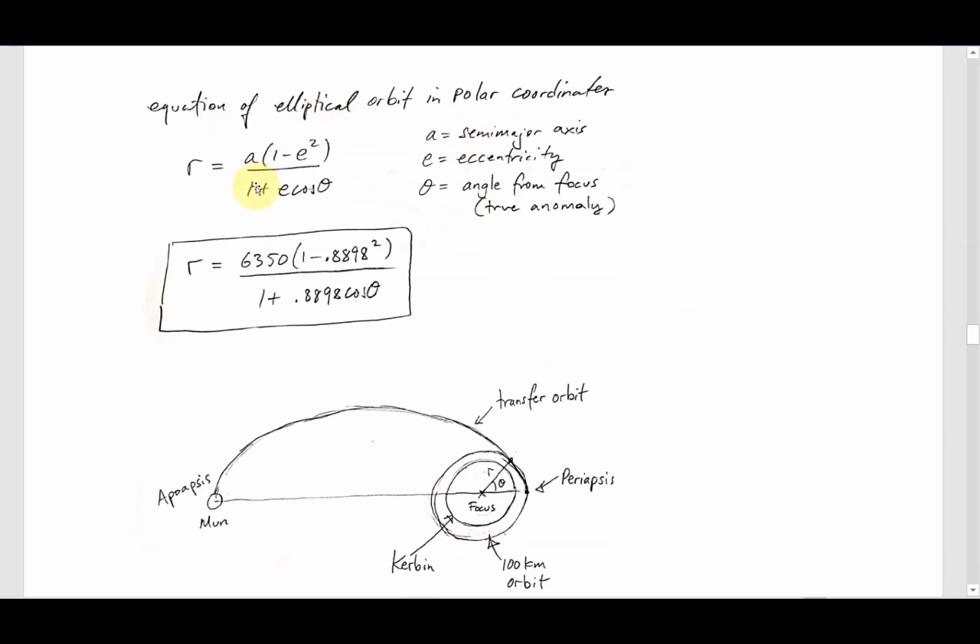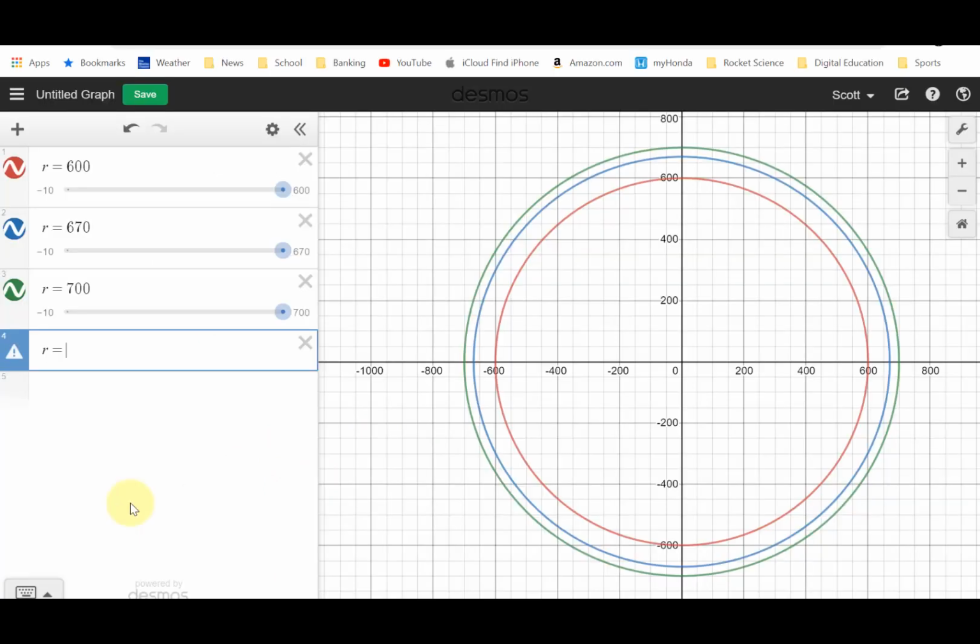Now we've just computed the semi-major axis is 6,350, and with an eccentricity of 0.8898, let's type this in as our polar equation for the orbit, the transfer orbit. It looks something like this. So let's go 6,350, 1 minus 0.8898, and you have to square that.